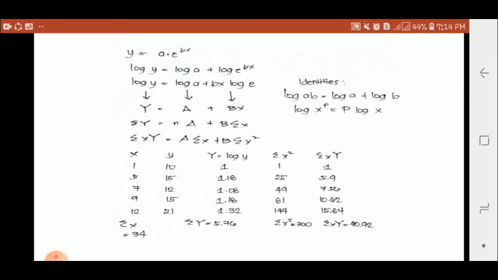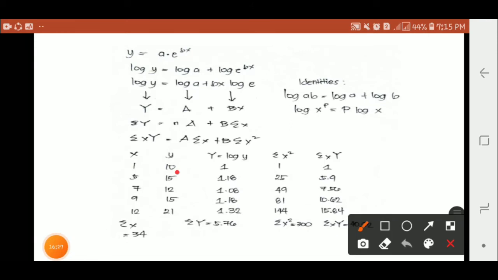To solve for it, use your scientific calculator, press log, then the value of the dependent variable, which is 10.